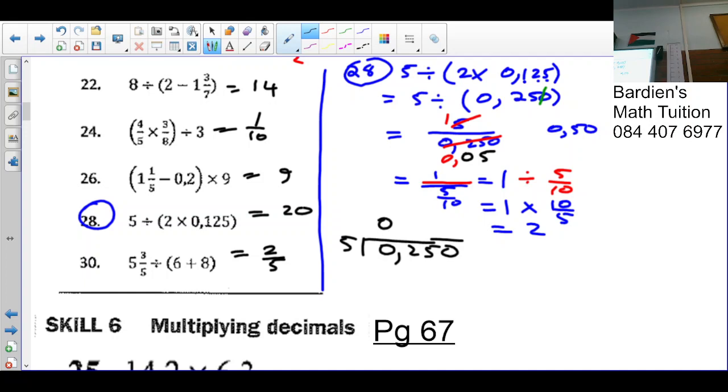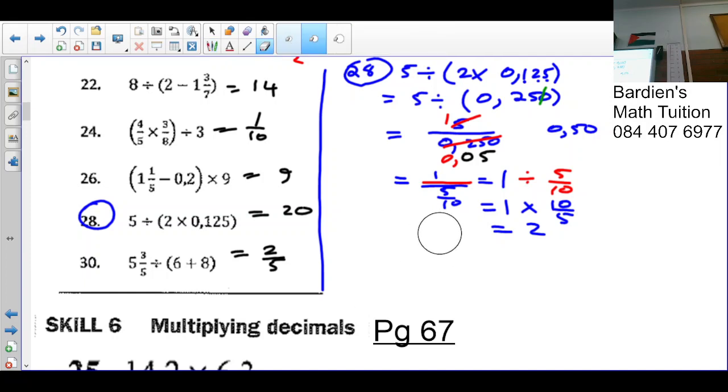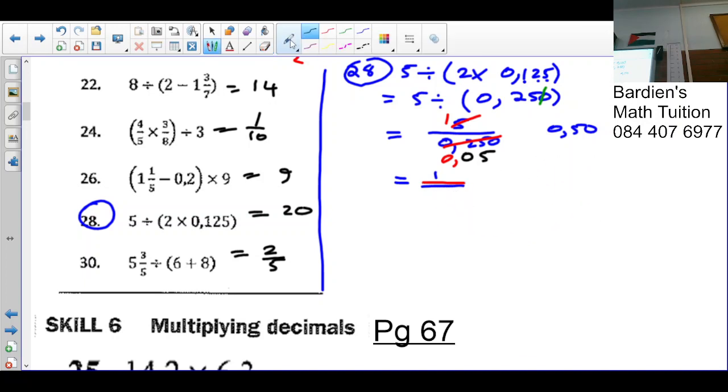No carry, 5 goes into 2, can't go. Carry 2, 5 into 25, 5. So that's my mistake, not 0.5, but 0.05. And that's the same mistake you made. Then it's going to be 5 over 100, which in turn becomes 1 divided by 5 over 100, which now becomes 1 multiplied by 100 over 5, which is 20.